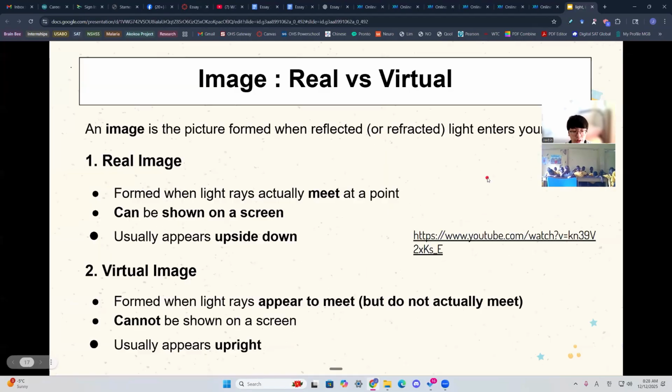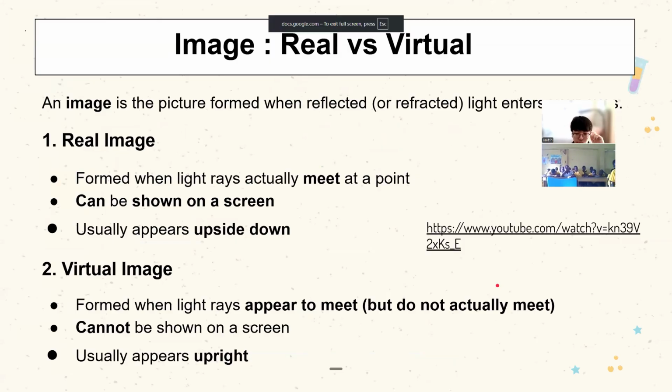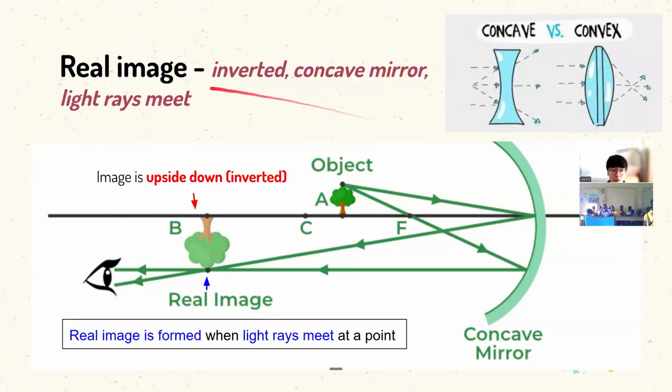Okay, so that was a quick example of the real versus virtual image. And we saw some examples with the magnifying glass and the mirror. So here is the real image, where it is inverted and where it uses a concave mirror.